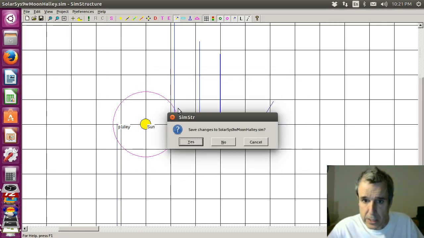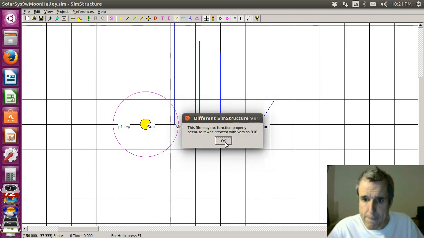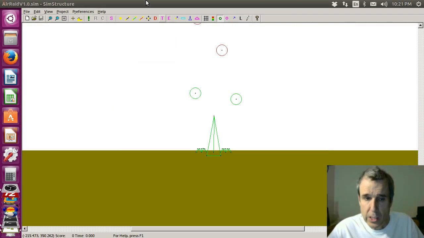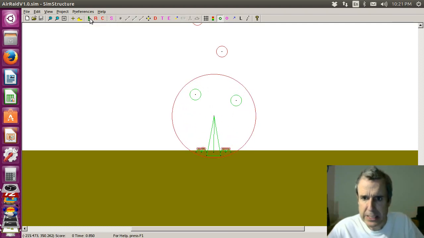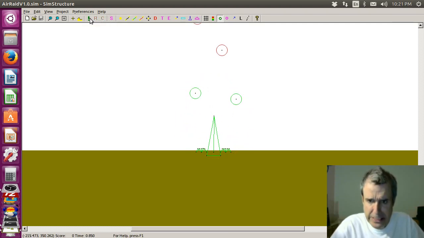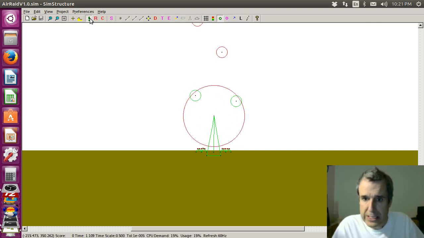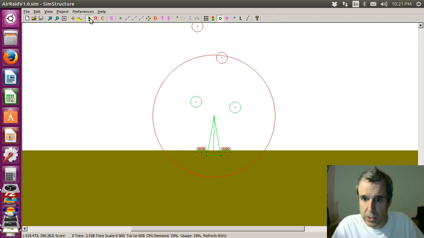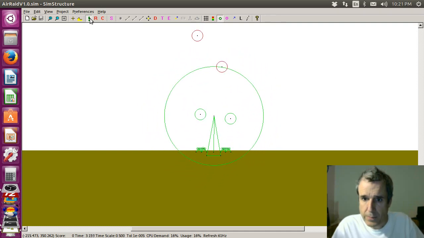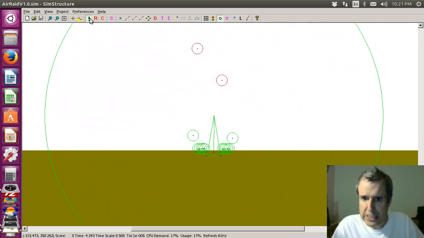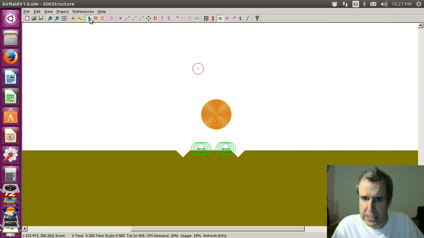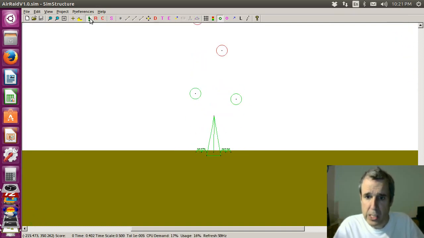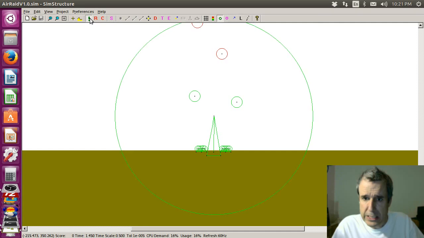Oh, somebody made charged particles. You make the charge attract or repel, and you have to repel.